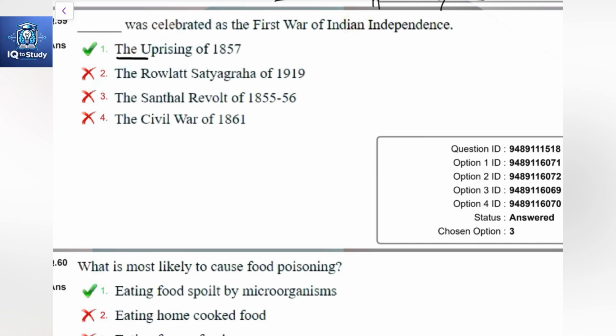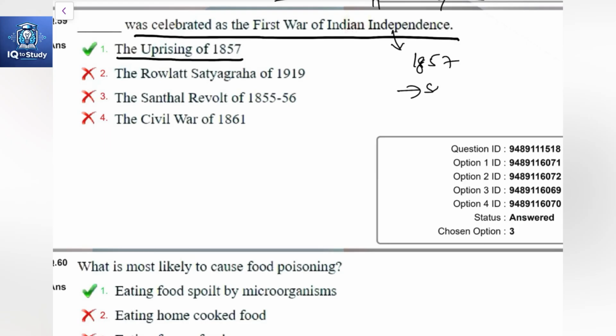The uprising of 1857 was celebrated as the first war of Indian independence. The first war of Indian independence was fought in the year 1857 and it was also known as Sepoy Mutiny.